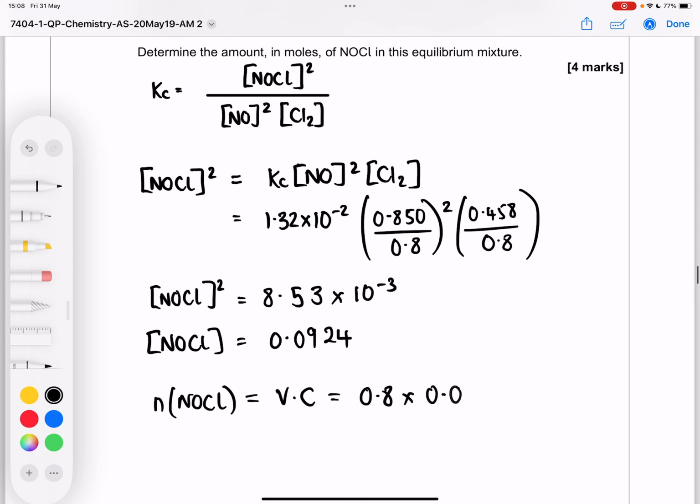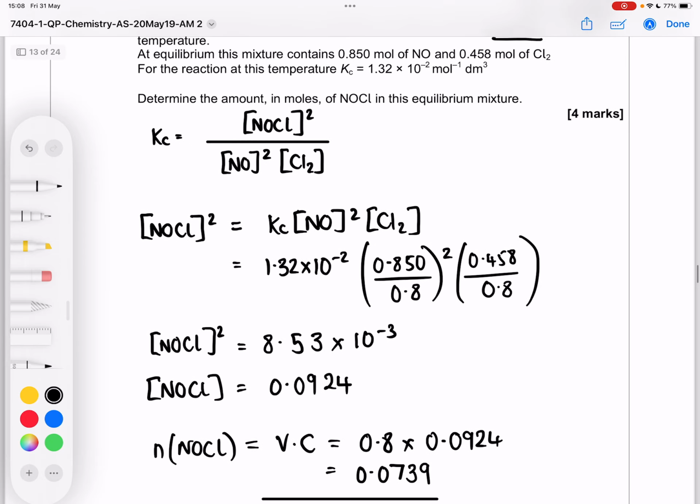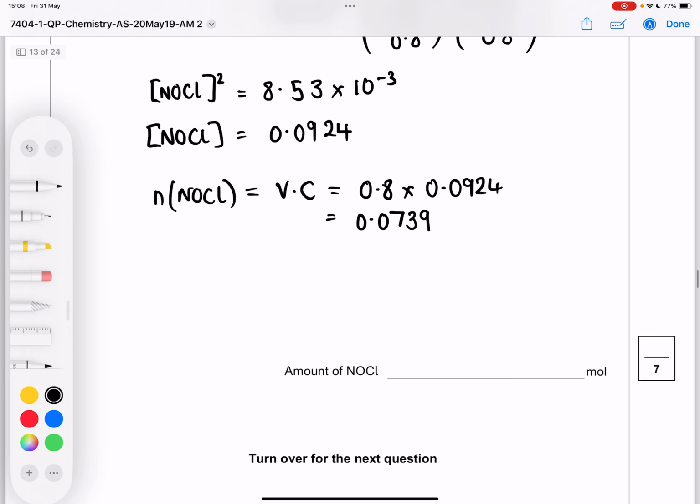So we're going to take our answer and times by 0.8. And if we've done all that on our calculator, we get 0.073891. I'm going to round that. We've been given everything in 3 significant figures, so I'm going to give my answer to 3 significant figures. And I get 0.0739.